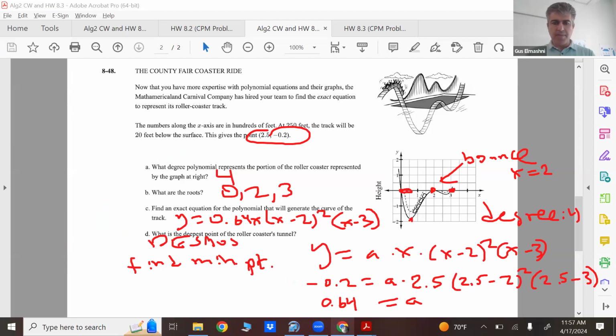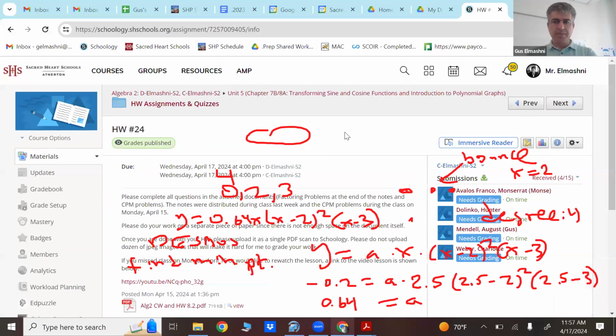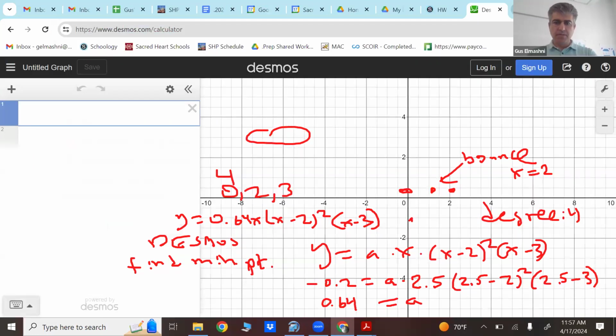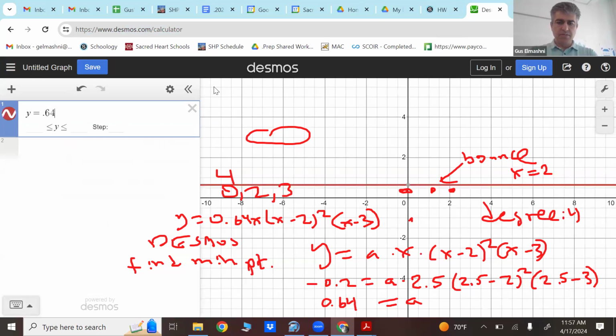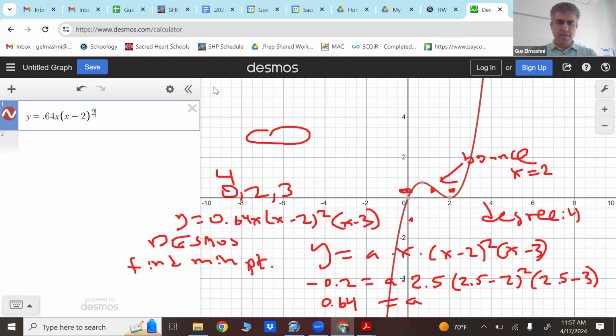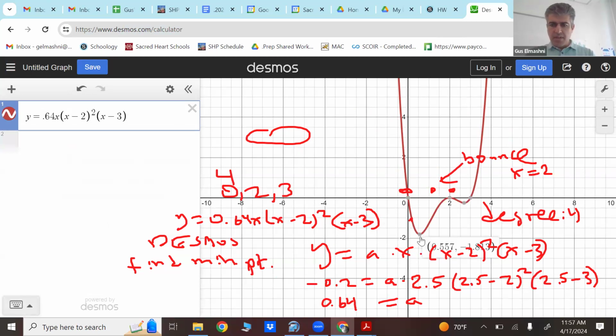Totally a Desmos thing. Yeah, it looks like the lowest point is 0.557, -1.813, but we have to scale it correctly.